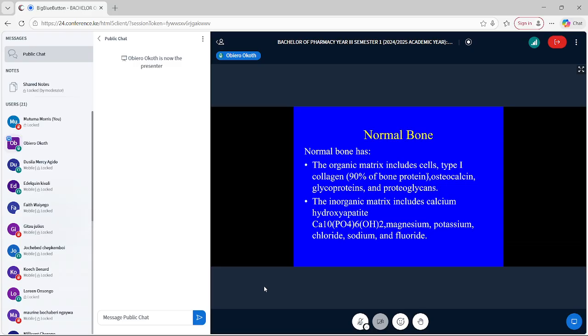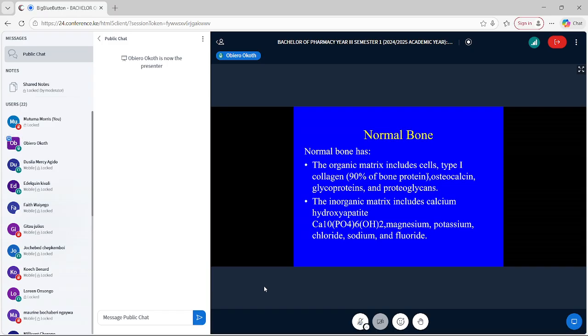Okay. The normal bone has the organic matrix. Organic means living, so it has the cells, it has the type 1 collagen, it has osteocalcin, it has glycoproteins, and it has proteoglycans. These ones can be modified, these ones can shift. Then you have the inorganic matrix, which most of it is calcium hydroxyapatite.